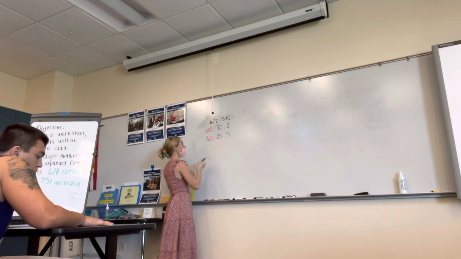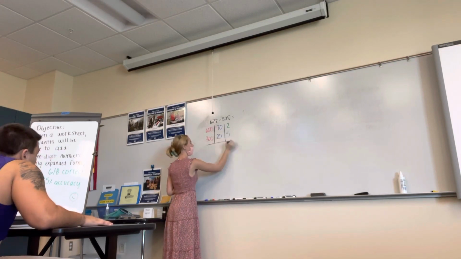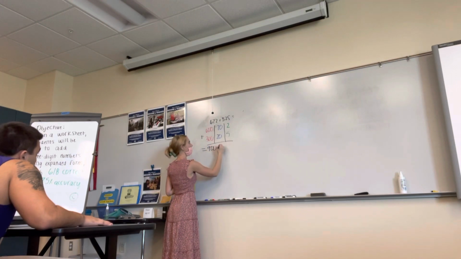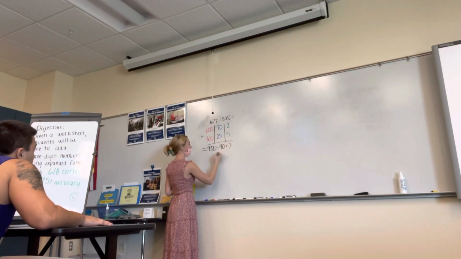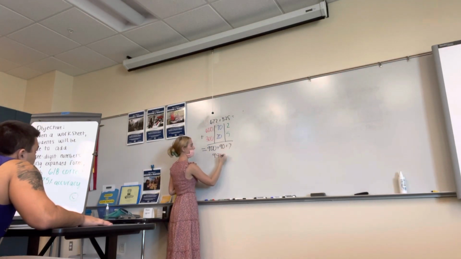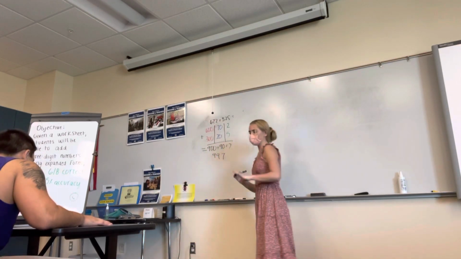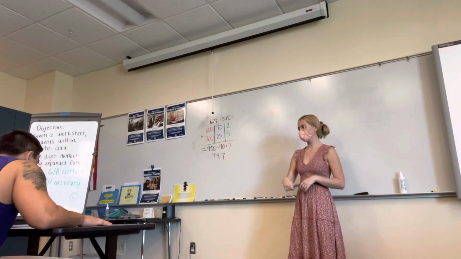Then we're going to divide with our lines. 990 and 7, and you should have got 997 for that first one. If you got it correct, leave it blank. If you got it incorrect, put an X over it.